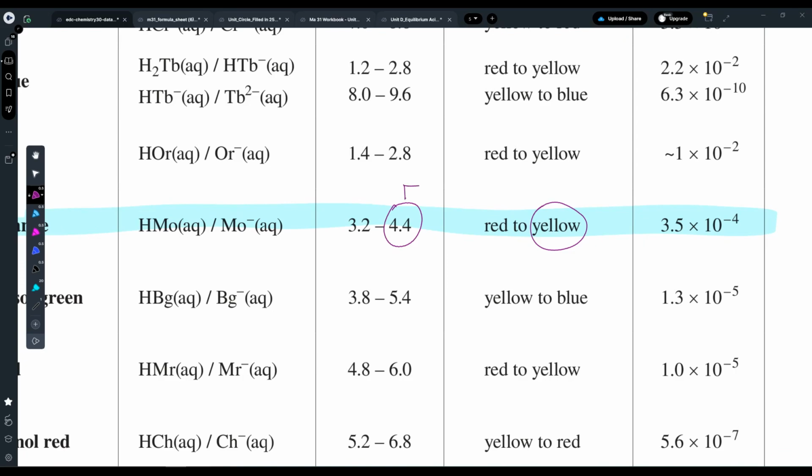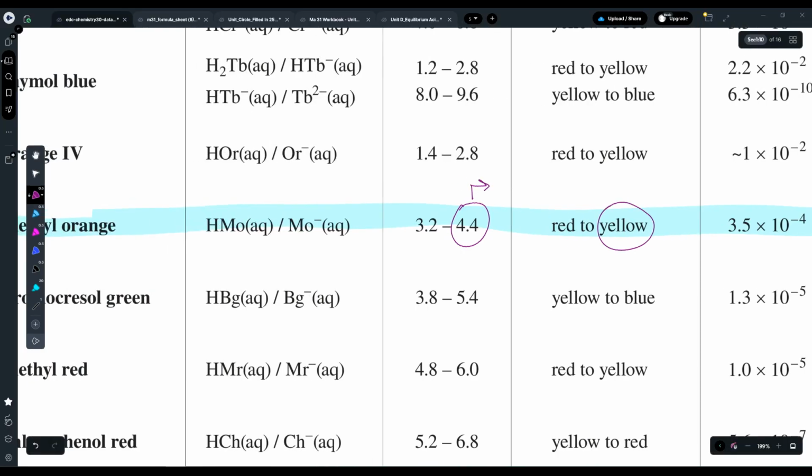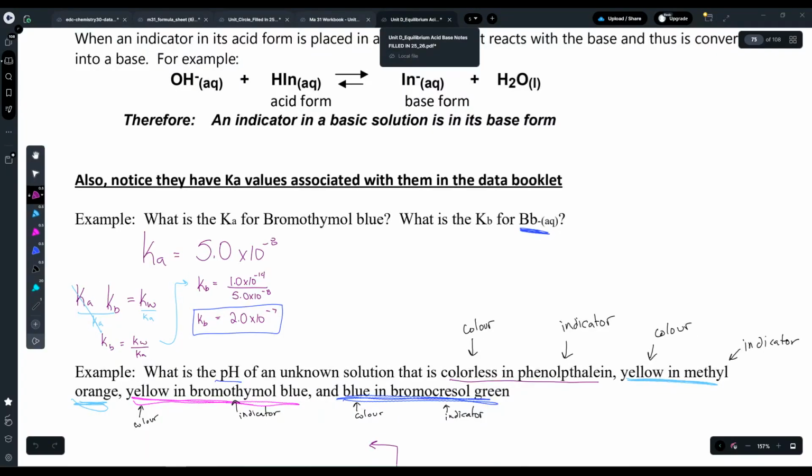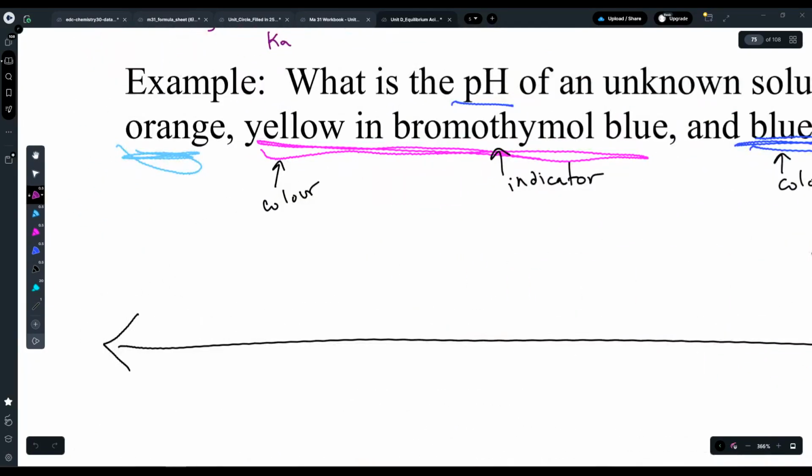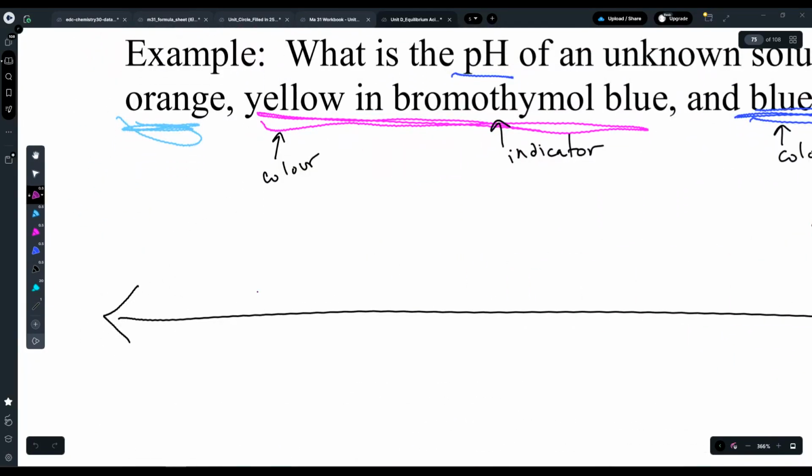So at a pH of 4.4 and above, methyl orange is going to be yellow. So let's color code this properly. I'm going to go 4.4 and above.